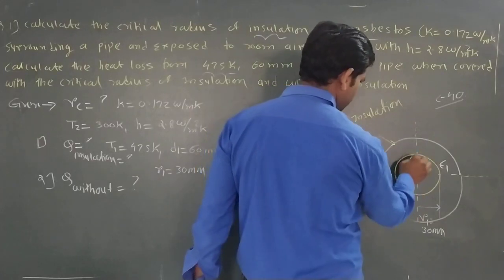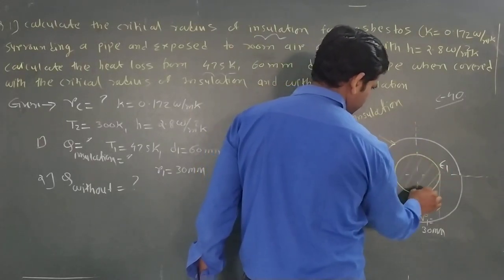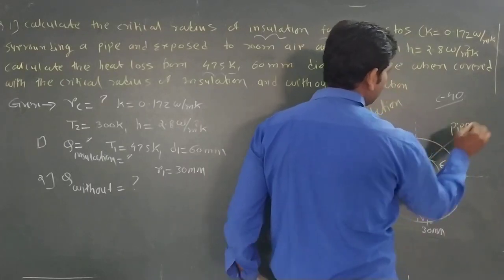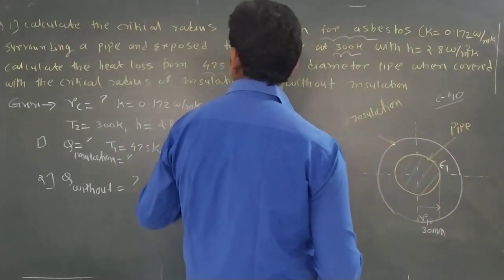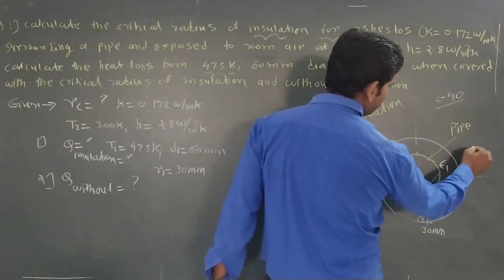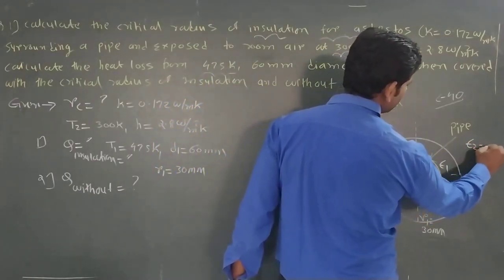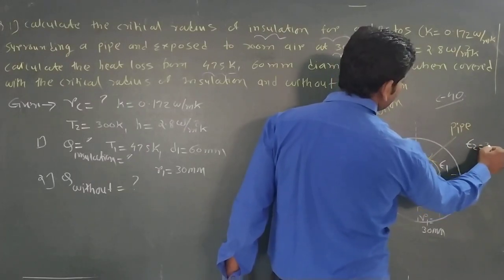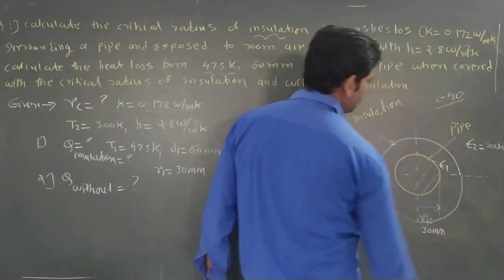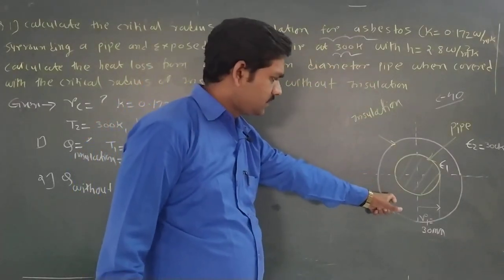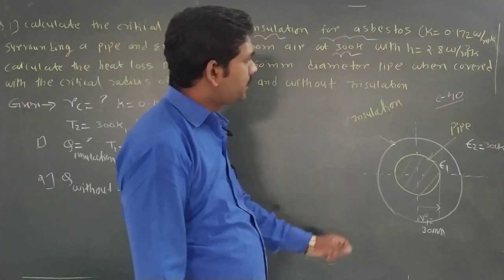Okay guys, this is the pipe. Then the room temperature will be given. So, this surrounding temperature T2 is given there. This surrounding temperature is 300 Kelvin. And H is also given. The thermal conductivity of this insulating material is also mentioned in the problem.